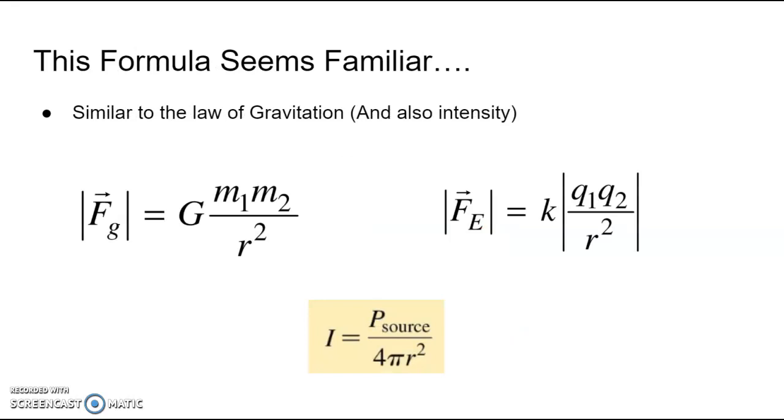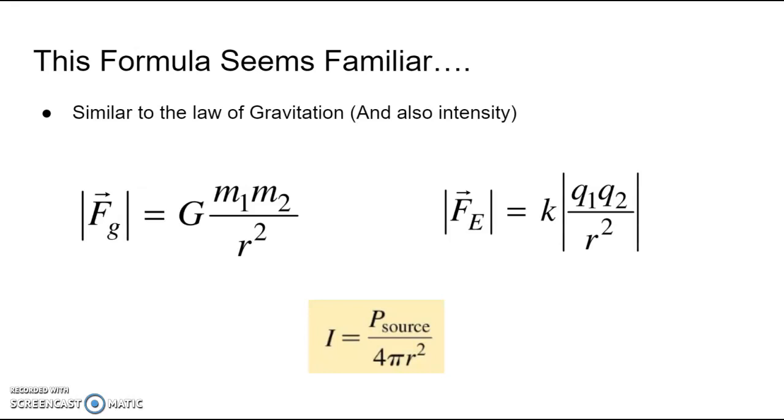Here in our numerator, we've got our objects interacting. Here we're dealing with mass instead of charge, but we're dividing by distance squared, the distance between the objects, and we have a proportionality constant. So very similar formula to our electric force, and that's because all long-range forces are going to have this type of formula.